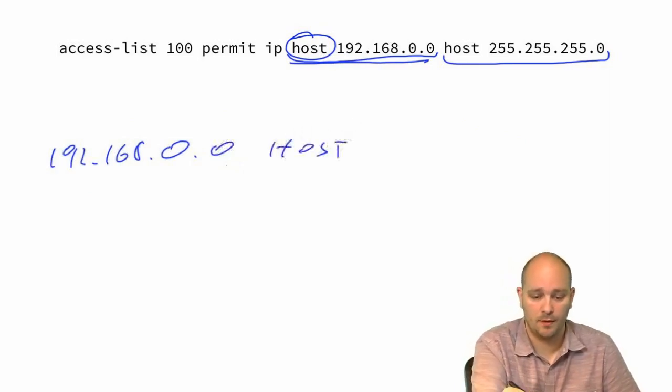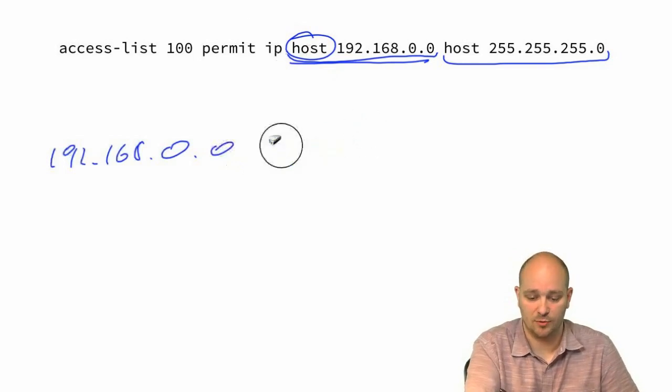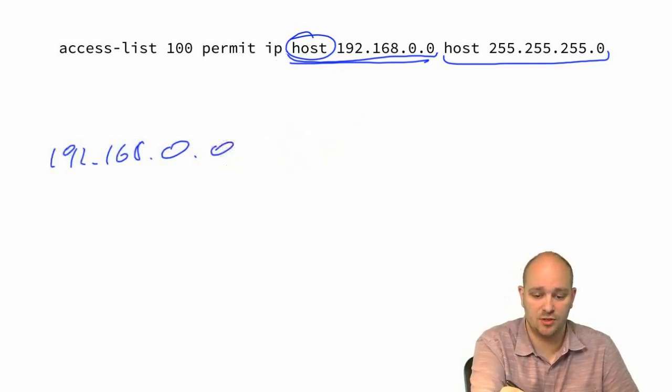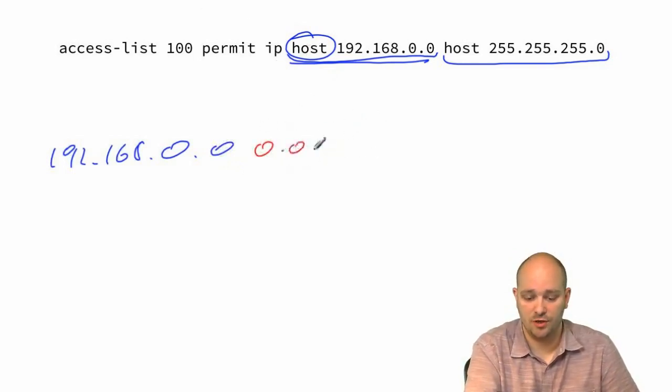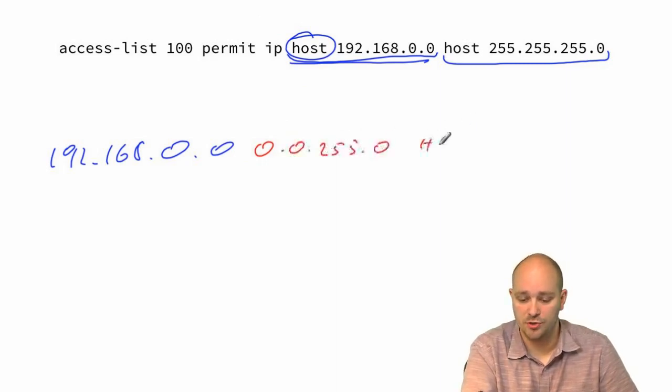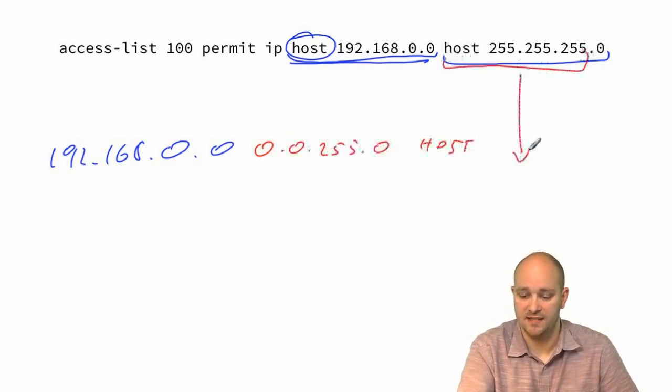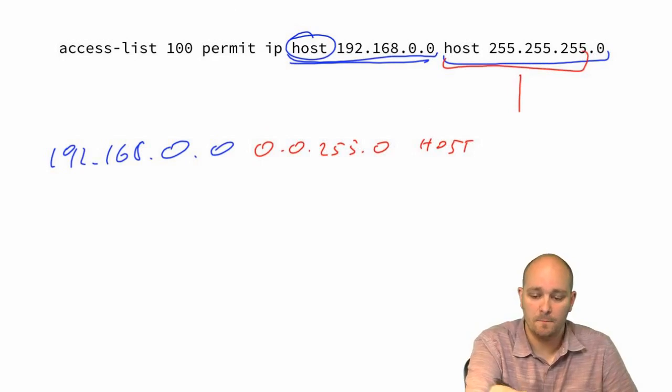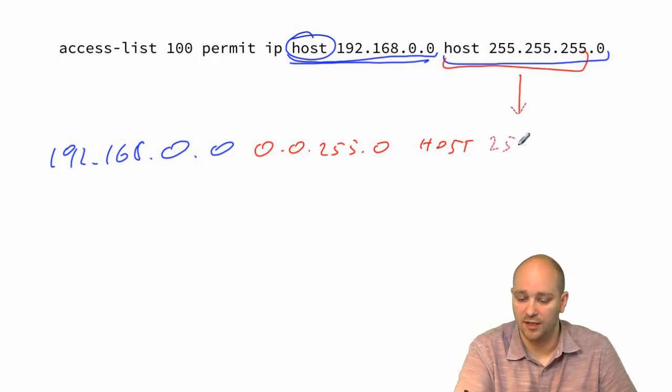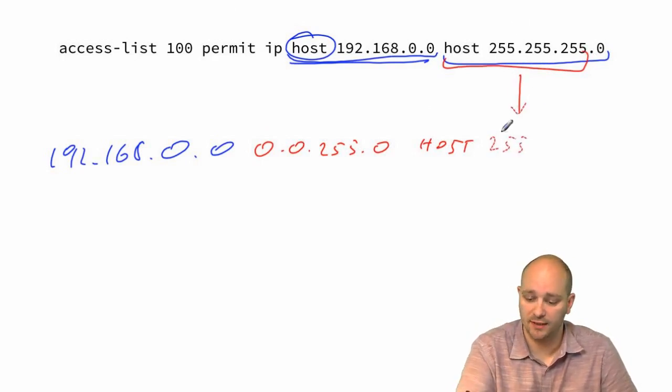Actually, I'm just repeating what I said, so let's change something. 0.0.255.0, and then host, and then basically repeat this here, so 255.255.255.0.